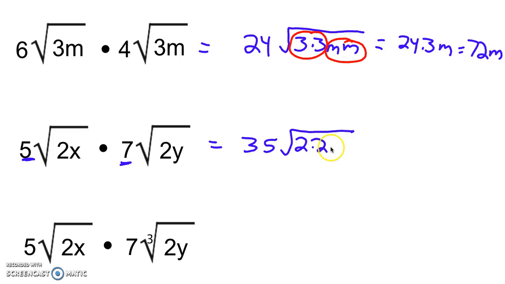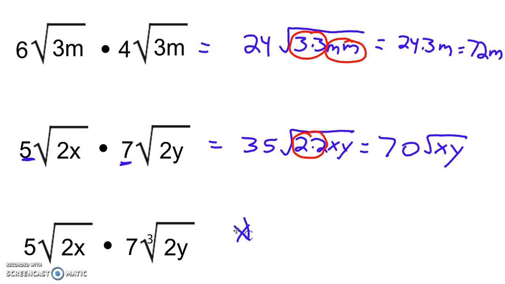I'll leave it because I'm going to circle that group. But I have to account for everything under both radicals. So I have the x from here and the y from here. Since I have a group of 2's, I'll go ahead and circle those. And since a 2 is coming out, 35 times 2 is 70. X and y didn't pair up, so those stay under the radical.